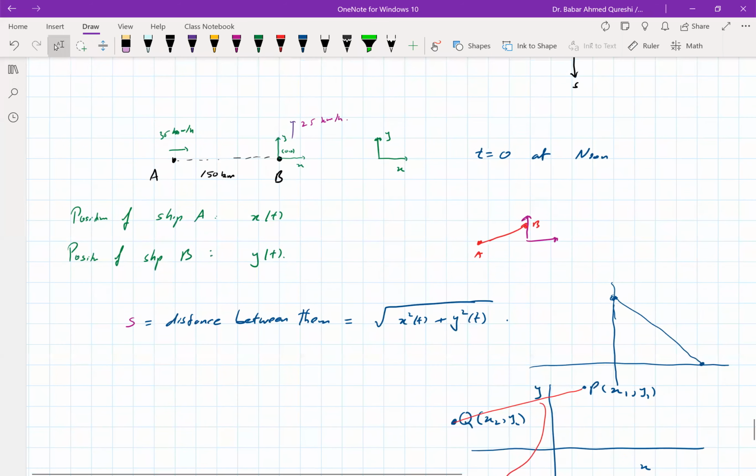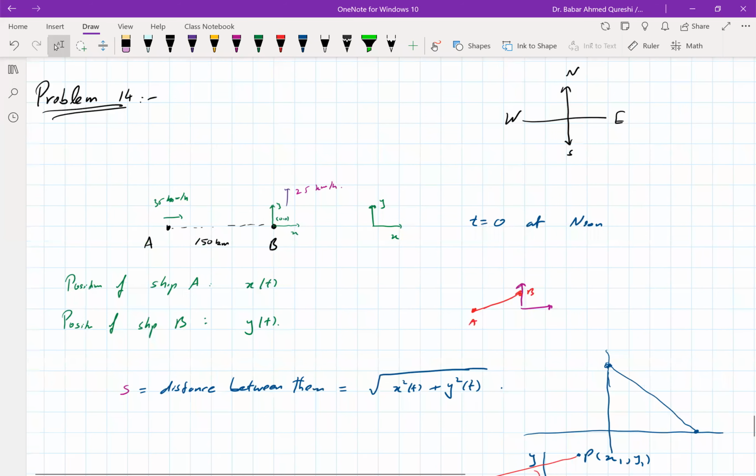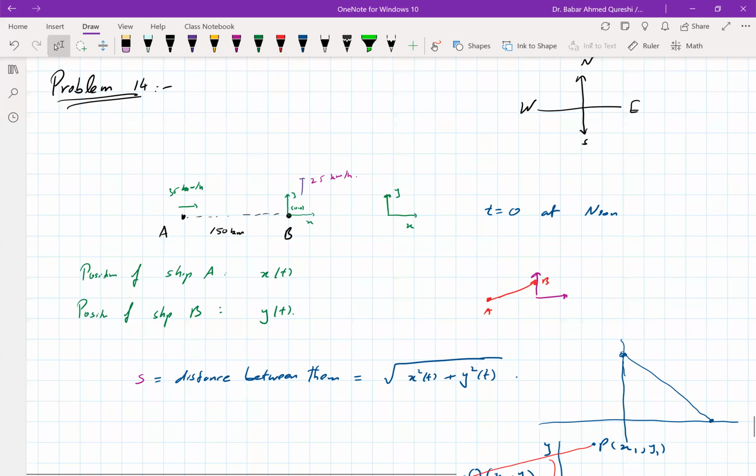Over here, since ship A always moves in the west-east direction, whatever its line of motion is, I have called it the x-axis.